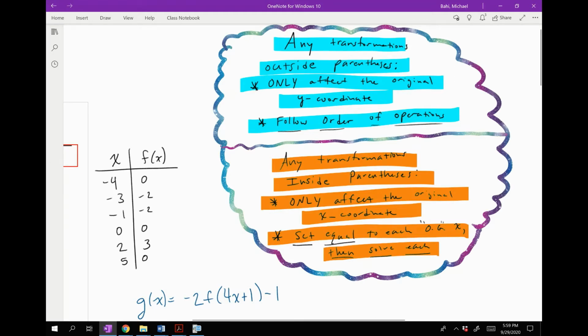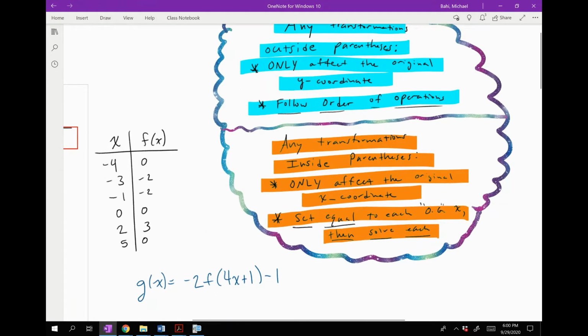To find the new y coordinate, you're going to follow order of operations. When we do an example, it'll make more sense as to what this means. And anything that's inside the parentheses is only going to affect the x coordinate.